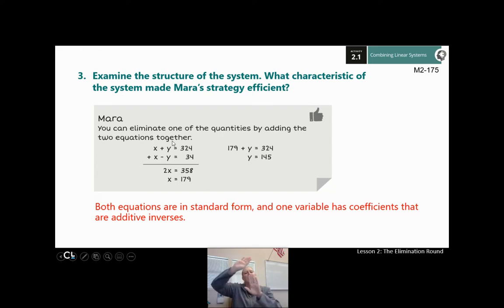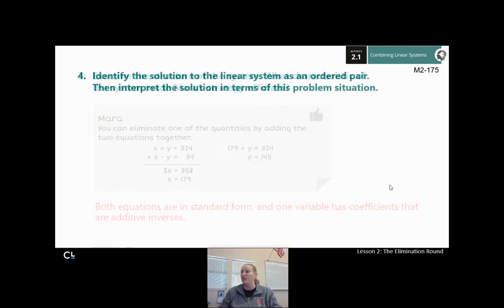So if I notice that 2 variables have coefficients that are opposites of each other, that are additive inverses, and I notice that the equations in my system are in standard form, then it turns out this method that Mara used of adding her equations together to eliminate one of the variables works great. Like, it works really well. Very efficient.